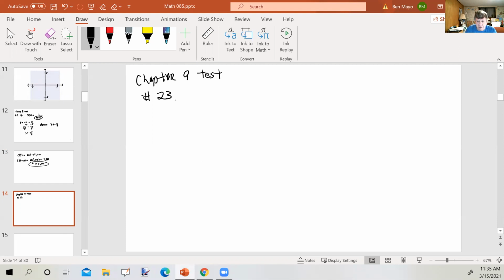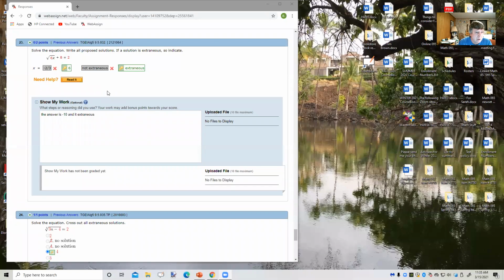Let's take a look at it here in WebAssign. It says solve the equation, write all proposed solutions. If a solution is extraneous, so indicate. All right, so we've got the square root of the quantity 6x plus 8 equals 2.